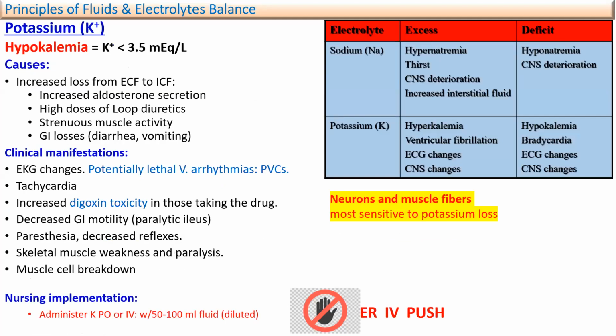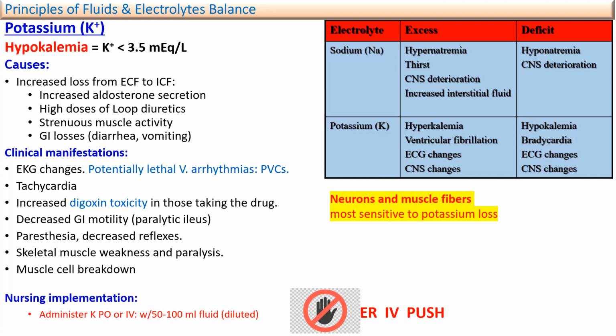Hypokalemia is when the potassium level drops to less than 3.5. Causes include increased aldosterone secretion, because aldosterone functions to retain sodium and water and allow for potassium excretion. So more aldosterone means more potassium loss through the urine.